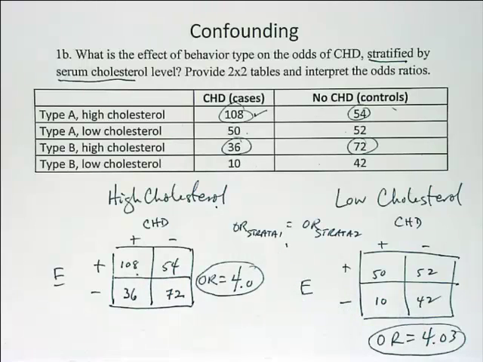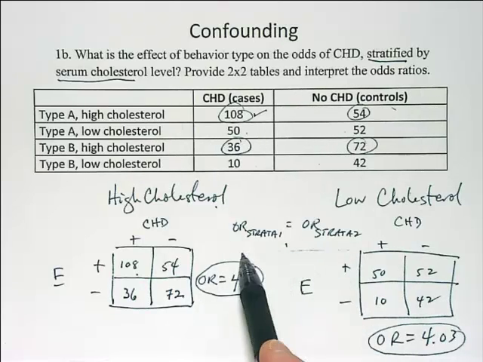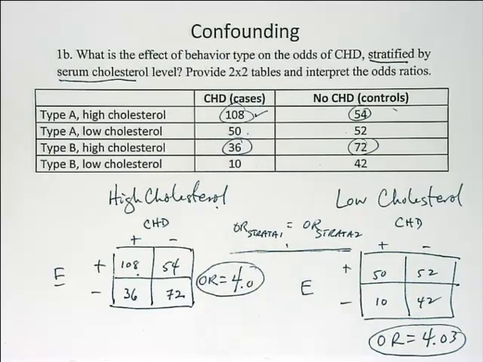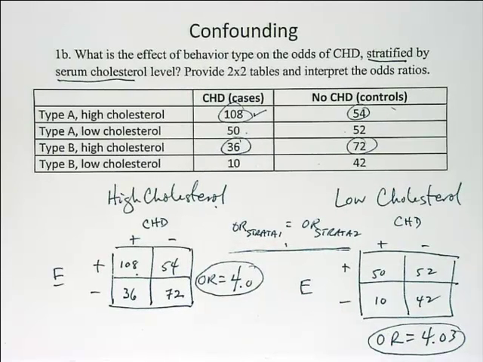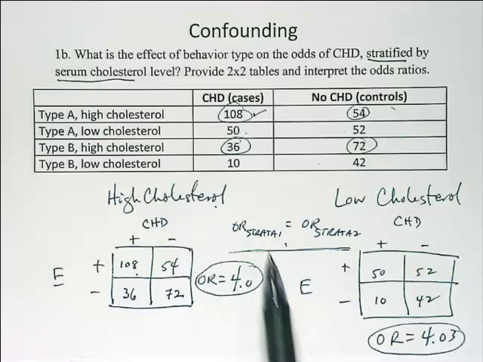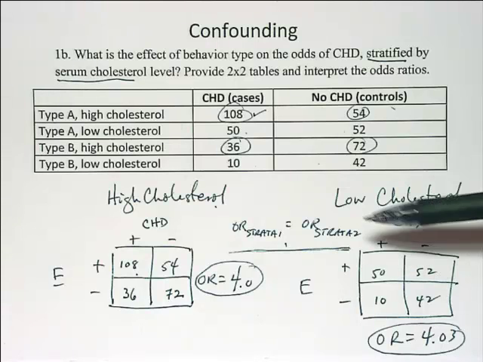You just need to know that 4.0 and 4.03 certainly are not different. It could even be like 3.9 and 4.0. There are actually tests for whether or not two odds ratios are the same, and in the next section of the course, we'll do an example of this. It's called effect modification when these two are not the same, but that's a different kind of effect than confounding. So we're going to just focus on this scenario.